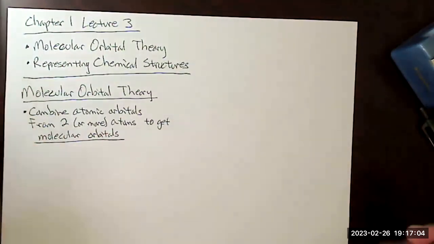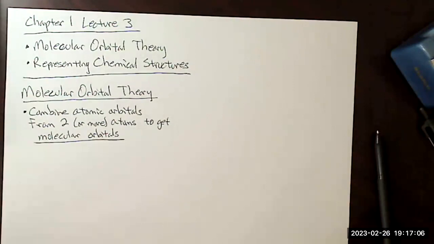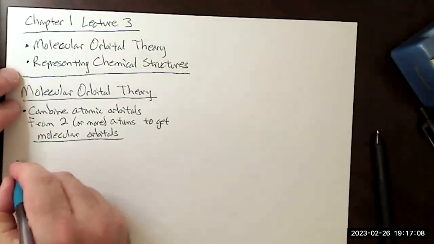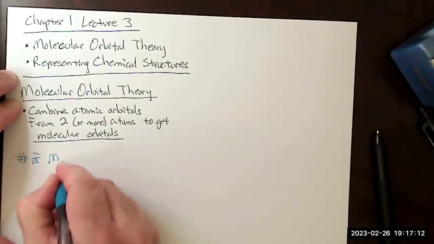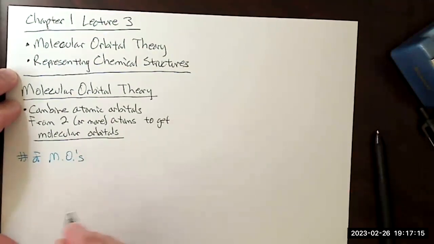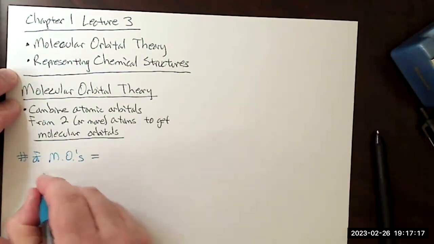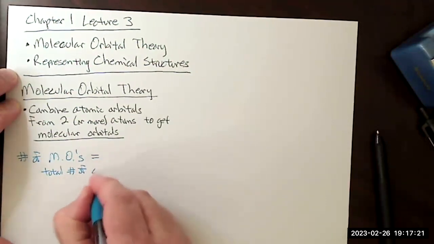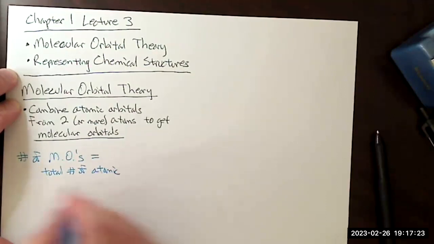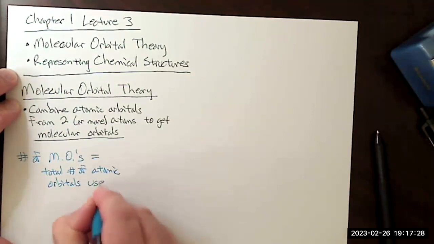And we'll end up, instead of getting hybrid atomic orbitals, we'll get new molecular orbitals. And the number of molecular orbitals that we get is going to equal the total number of atomic orbitals used.